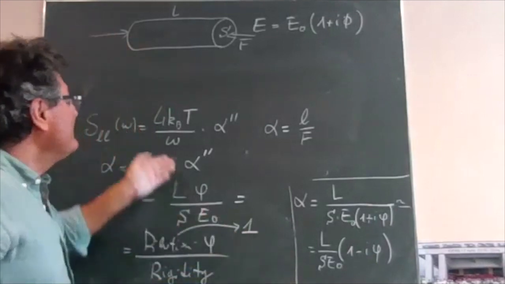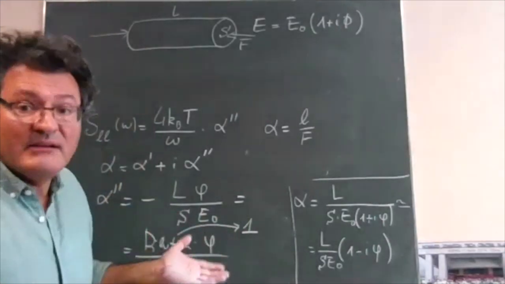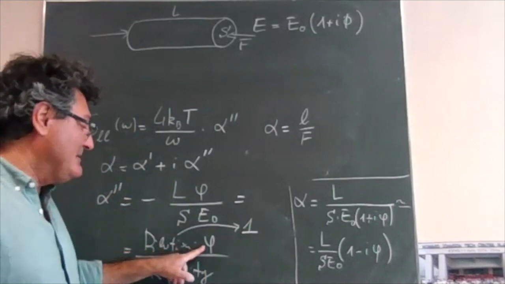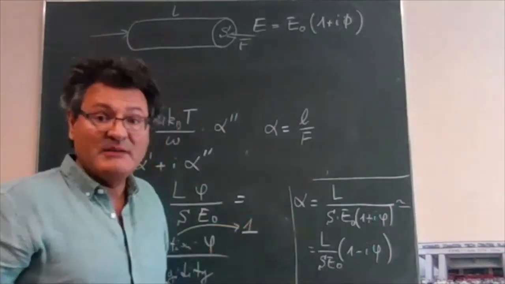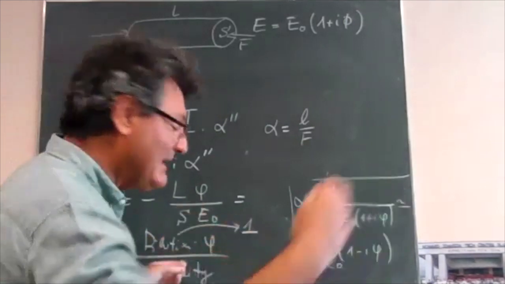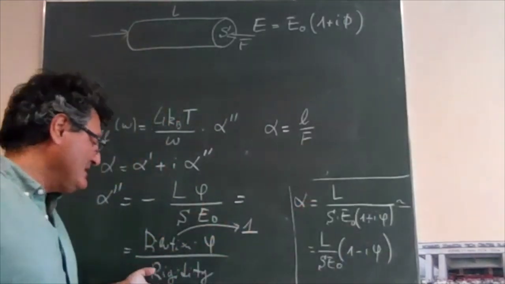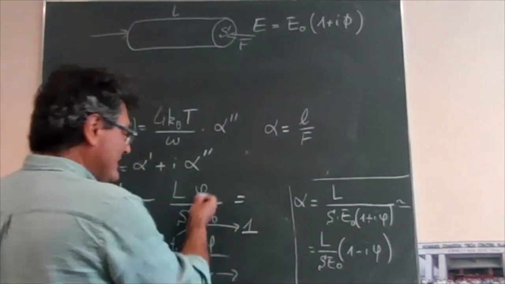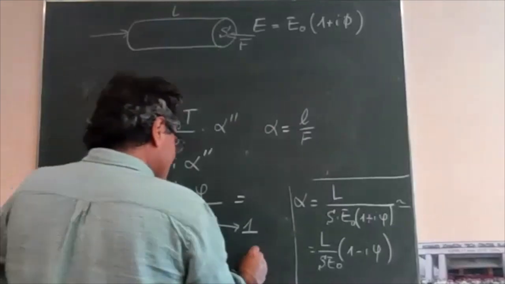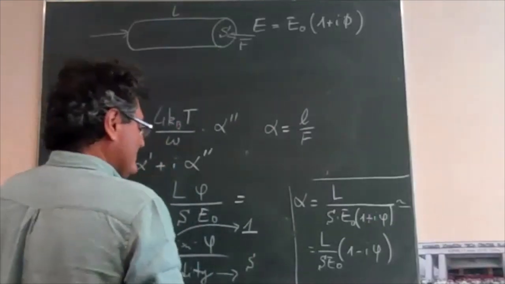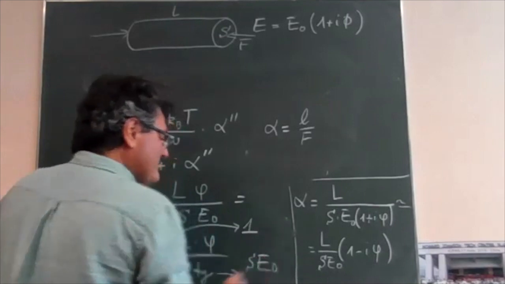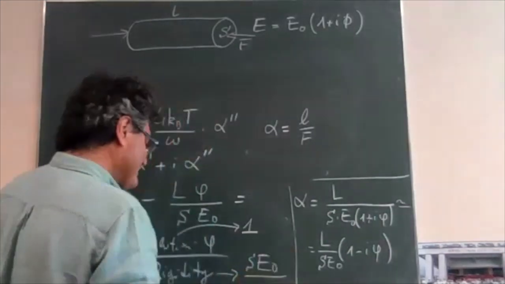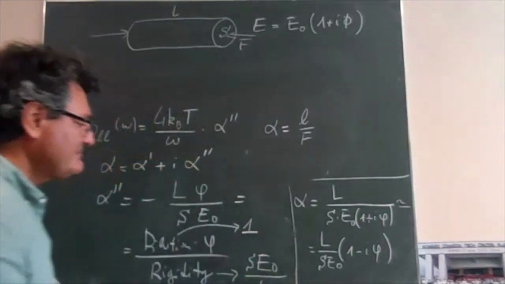So therefore, the dilution here is just 1. Then we have the loss angle, which is the imaginary part of the Young modulus that comes from the relaxation happening inside the material. And then there's the rigidity, which is the cross-section of the body and the constant part of the Young modulus, divided by the length.